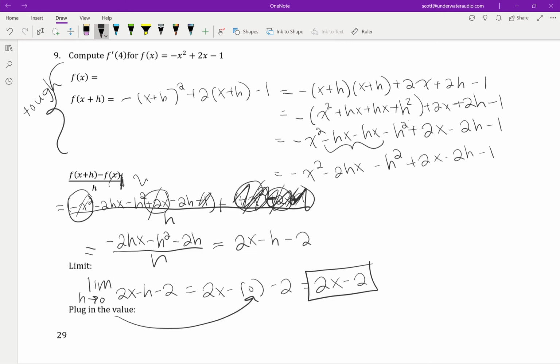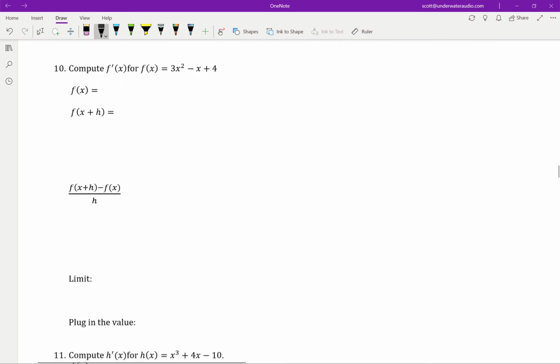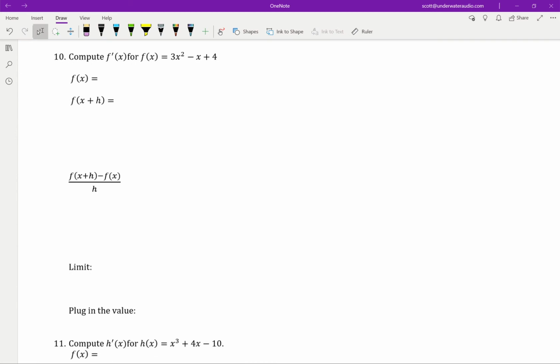So, yeah, this is tough stuff, so we'll do one more example and then call it a day. Compute f prime of x for f of x equals 3x squared minus x plus 4. So the equation that we're starting with is 3x squared minus x plus 4.